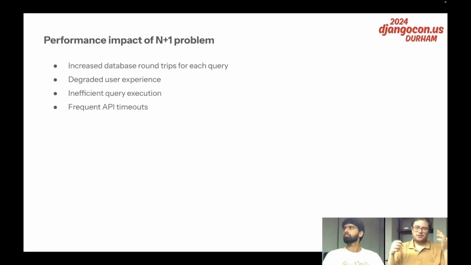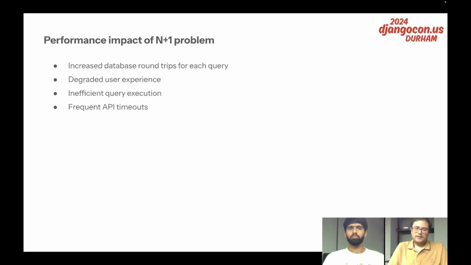This, as Ahtasham has already explained, will result in a degraded user experience, and end users may face low page load times or unresponsive pages. Another performance hit could be that our servers are working harder than necessary, leading to suboptimal resource consumption because of the inefficient query execution.